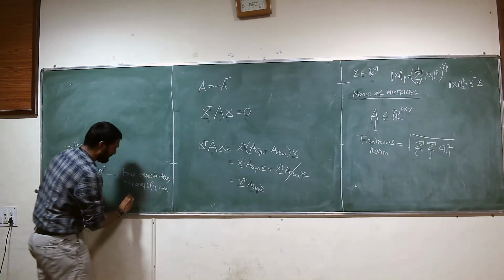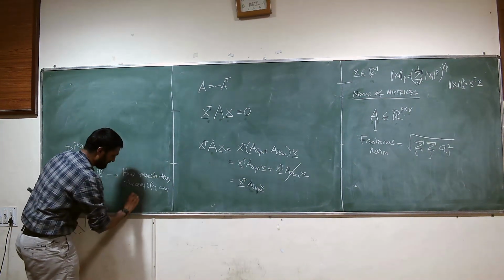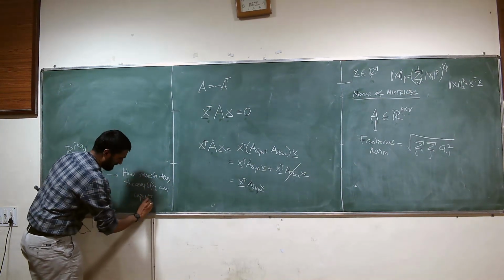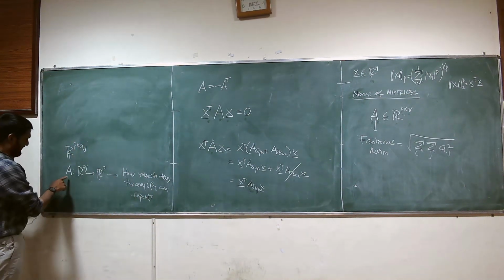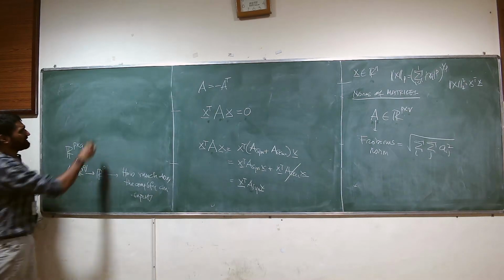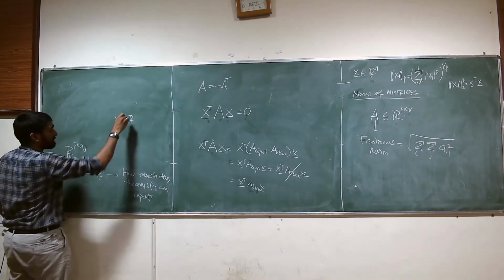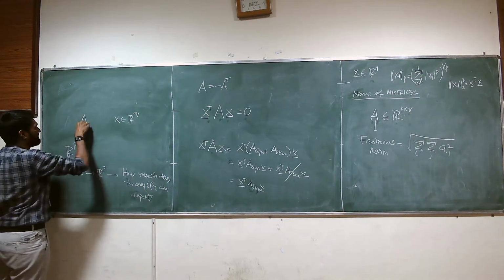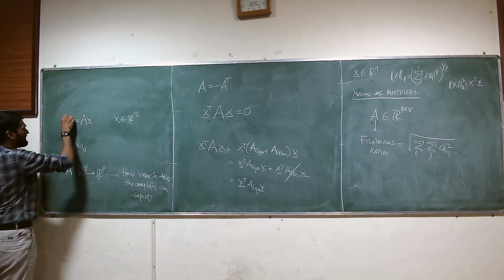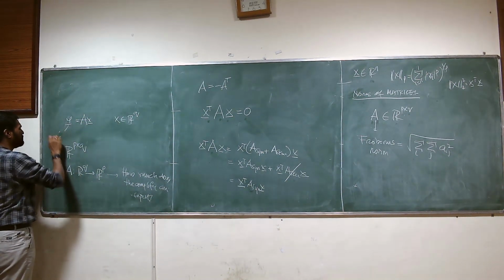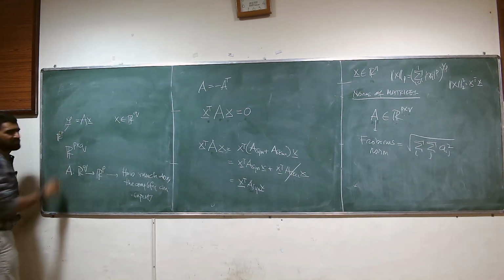Okay, I should not call it an input, but I'll call it an input even though it's not correct. Okay. If A is a mapping from RQ to RP, if I take a vector from RQ and I do this, and then I get a vector Y, this belongs to RP. Okay.